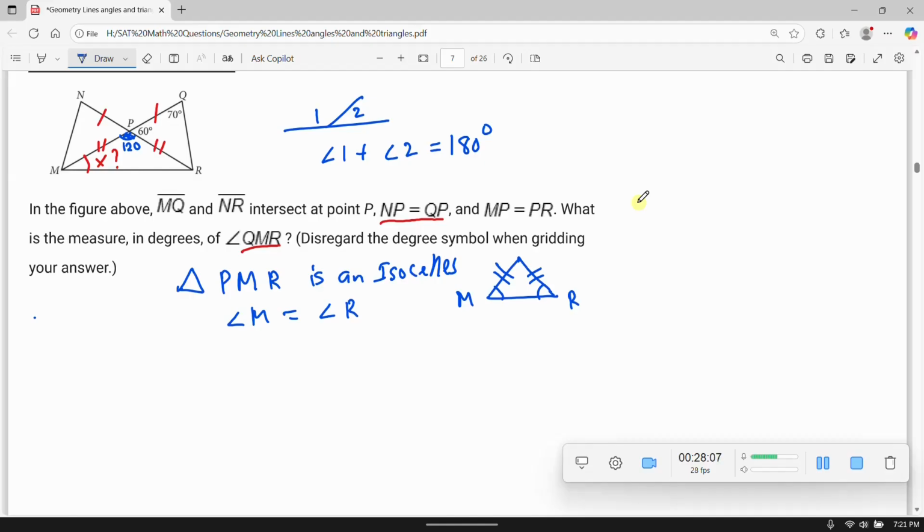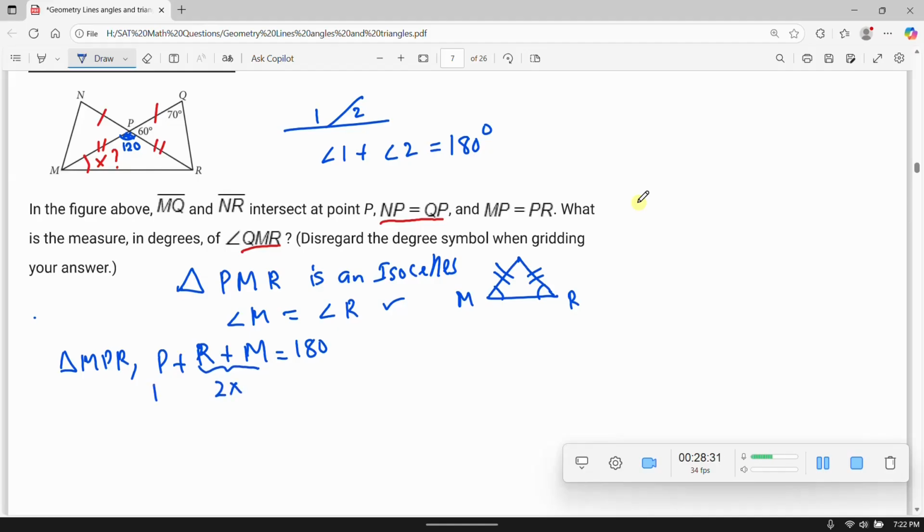So then in triangle MPR, angle P plus angle R plus angle M equals 180. And now we know M and R are exactly the same, so we're going to have 2x here.